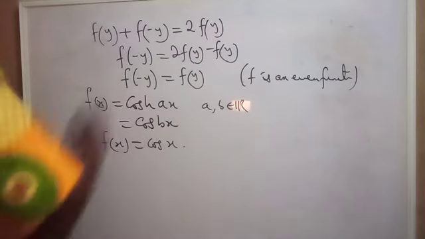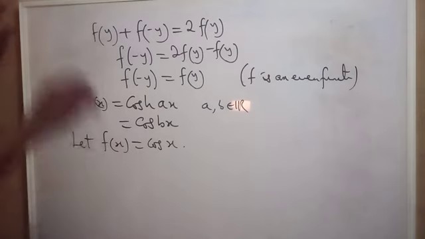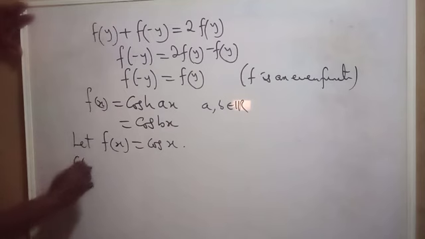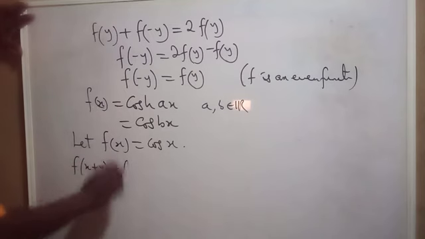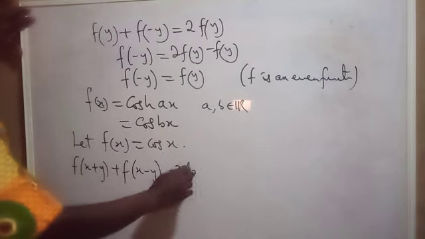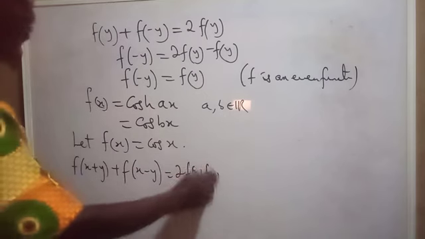Going back to the given problem, it says that f of x plus y plus f of x minus y is equal to 2 f of x f of y.